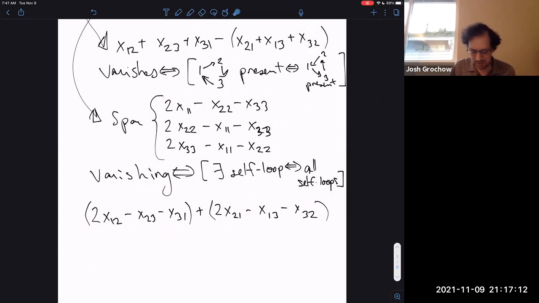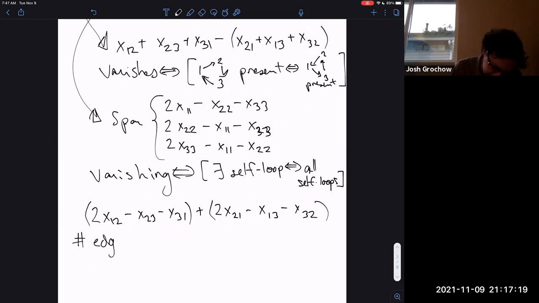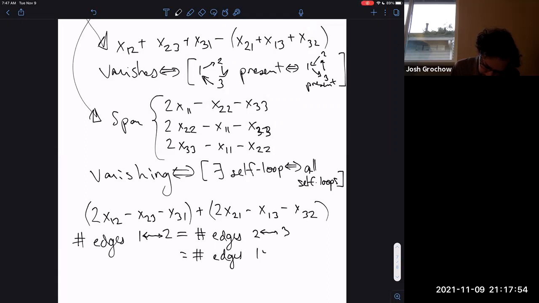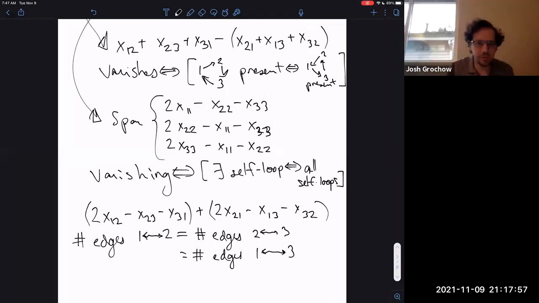Well, again, on 0,1 matrices, it's a little tricky, but what this tells you is that the number of edges between 1 and 2 in either direction is equal to the number of edges between the corresponding other pair.